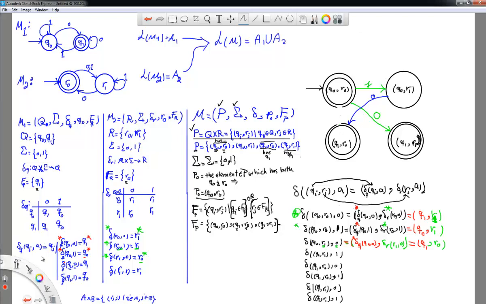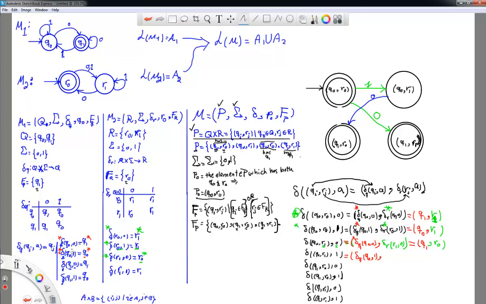So I'm going to simulate the q with the red ink. So it's going to be delta sub q of q sub 0 and 1. So what is it? Delta sub q of q sub 0 and 1 is the second element here.